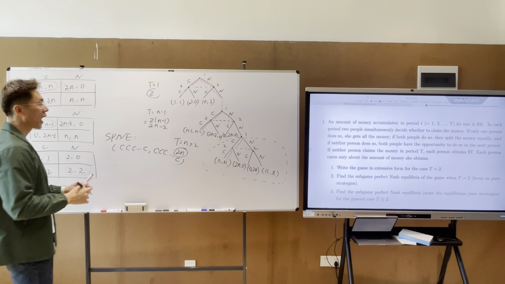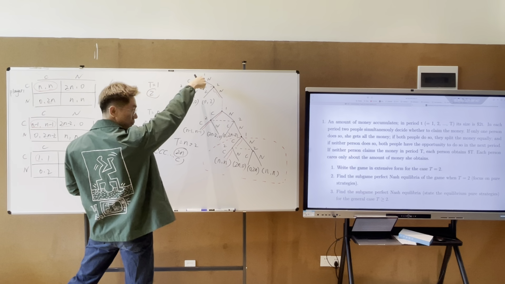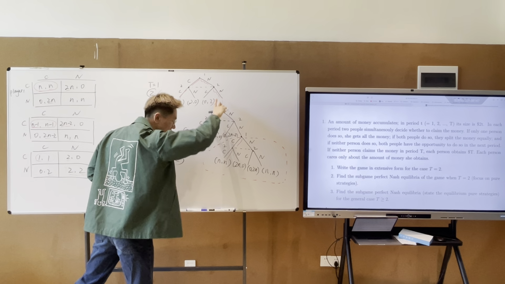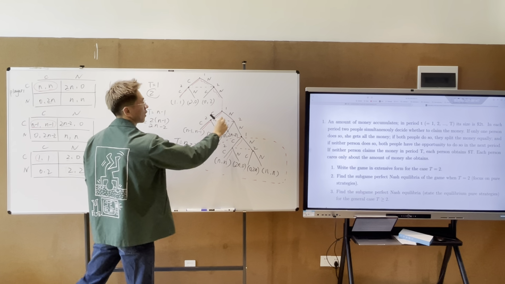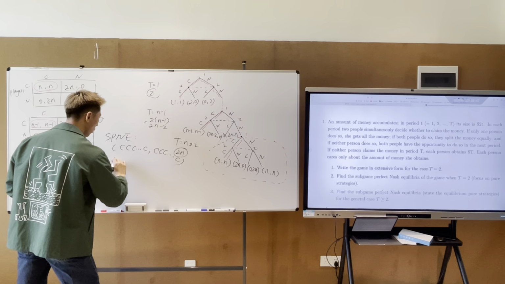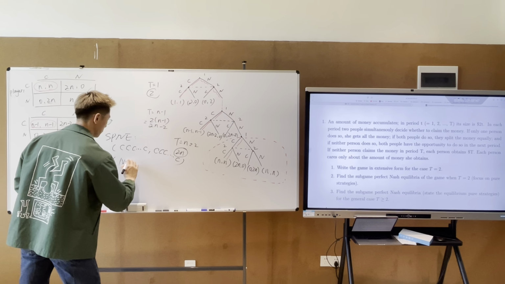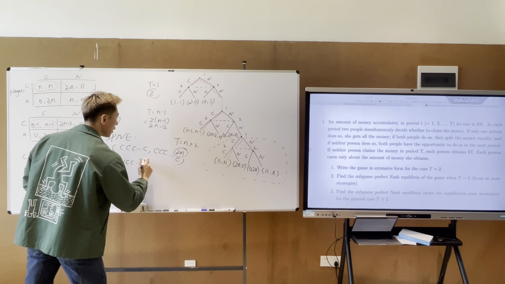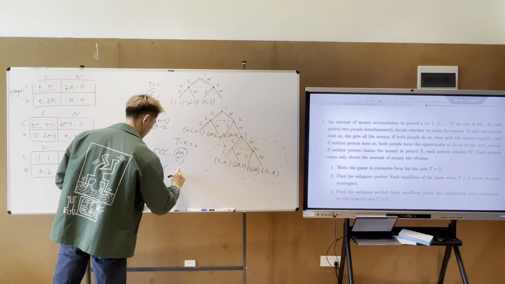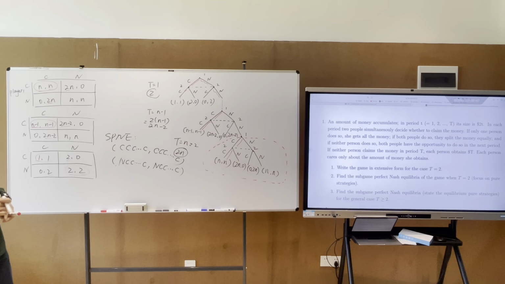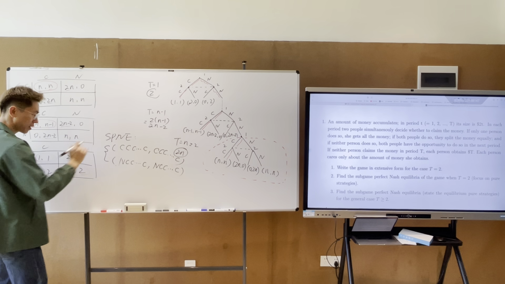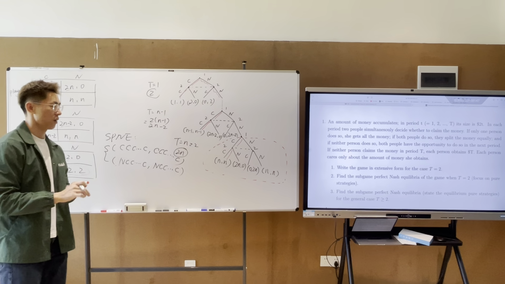This is the first, and the second is in period 1, both players choose not to claim the money, but in the subsequent periods, both players will always claim the money, right? So only in period 1 are they not claiming, and in the subsequent periods they always claim the money. Okay, so these are the two subgame perfect Nash equilibria of this game.